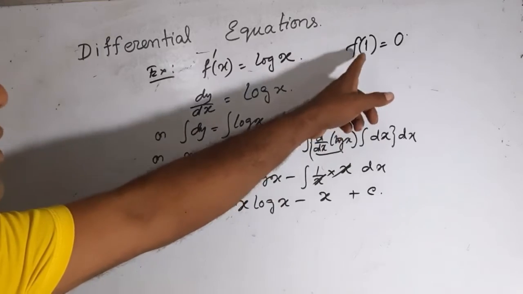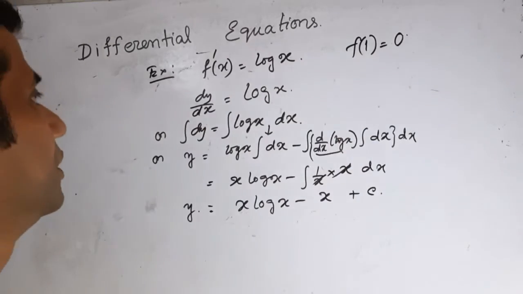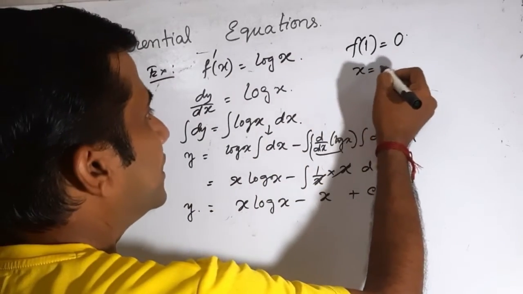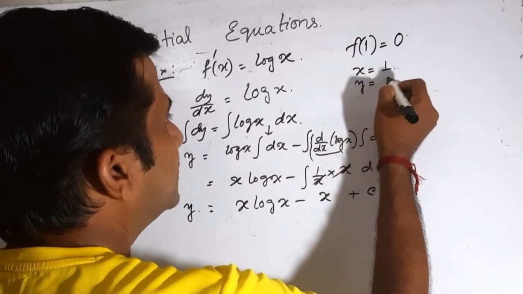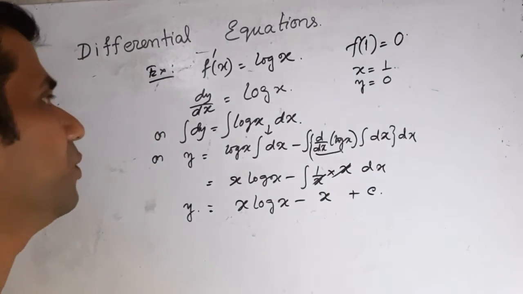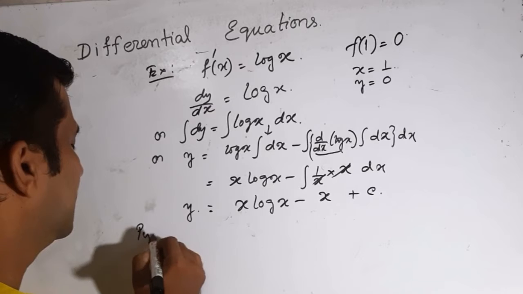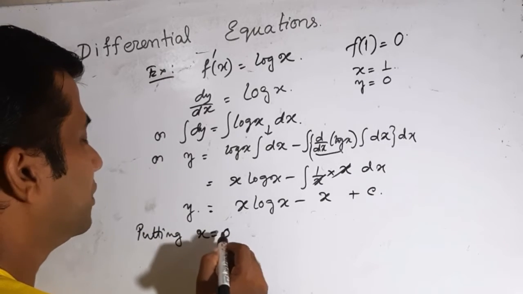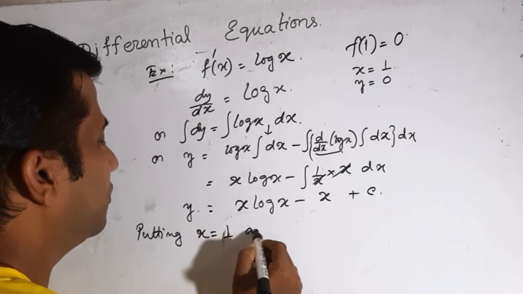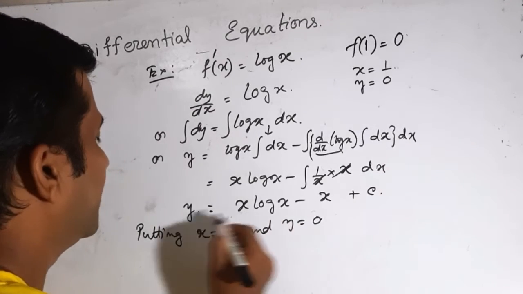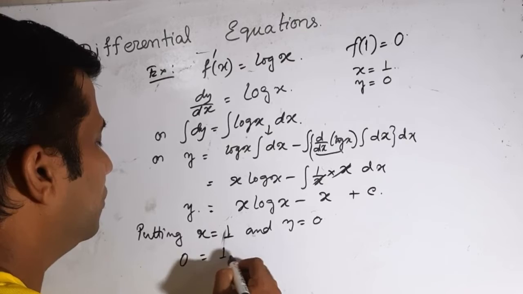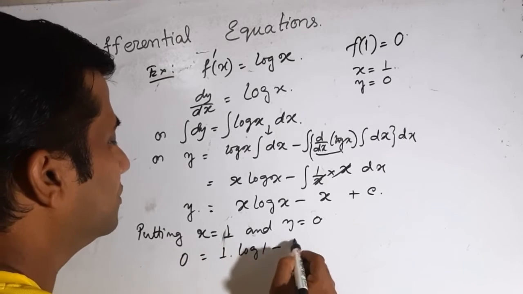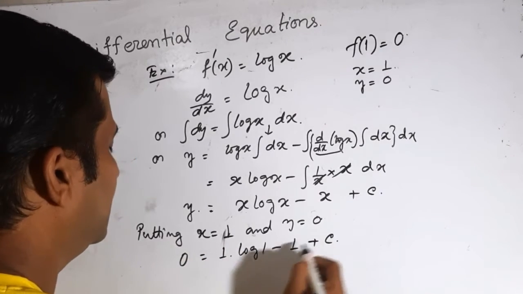Now here f(1) is equal to 0. f(1) is equal to 0 means at x is equal to 1, y is equal to 0. Putting x is equal to 1 and y is equal to 0, we get 0 is equal to 1 log 1 minus 1 plus c.